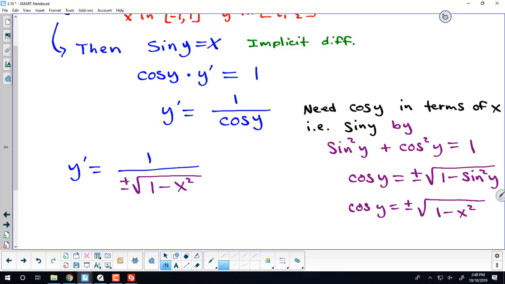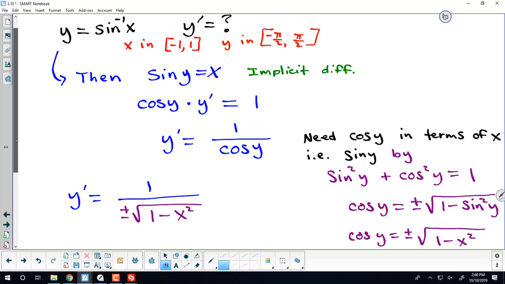The absolute value. Yeah, we could say that absolute value is involved, but we wouldn't want to do that if we can avoid that as well. So, everybody okay with the fact that 1 over cosine y is actually 1 over plus or minus square root of 1 minus x squared?